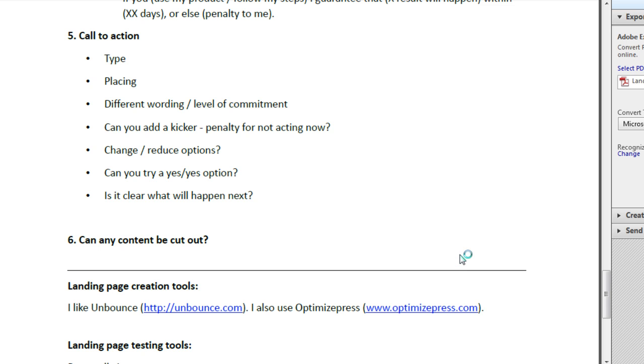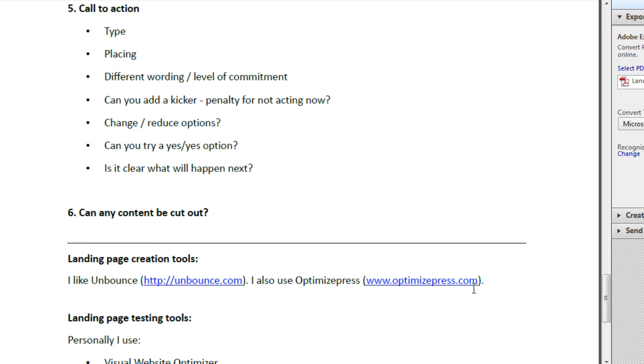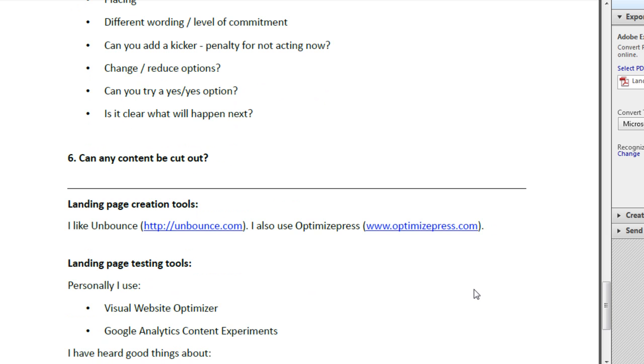I've got a few notes here on different tools you can use. If you are allergic to HTML and the idea of going in and creating web pages is scary, then that's fine, and you're in very good company with that. I use a couple of landing page creation tools which I recommend.